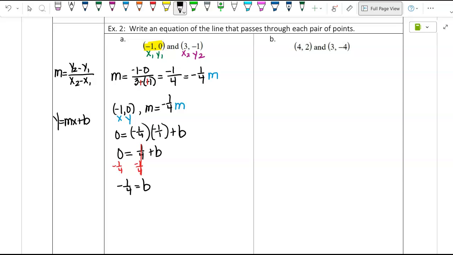And that's what my y-intercept equals. So there's my slope. There's my y-intercept. So y equals -1/4 x minus 1/4. Just so happens our slope and our y-intercept are the same in this case.